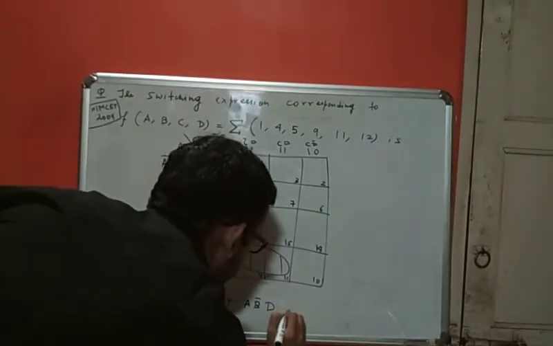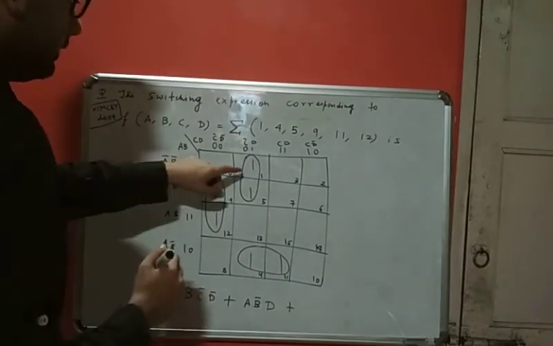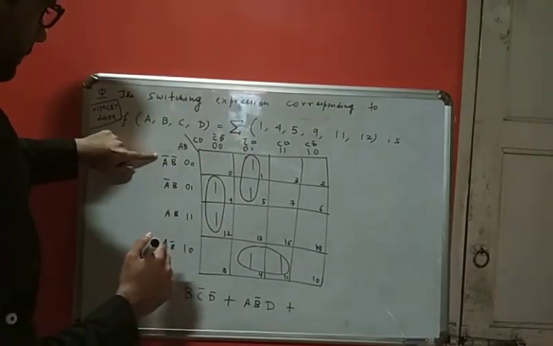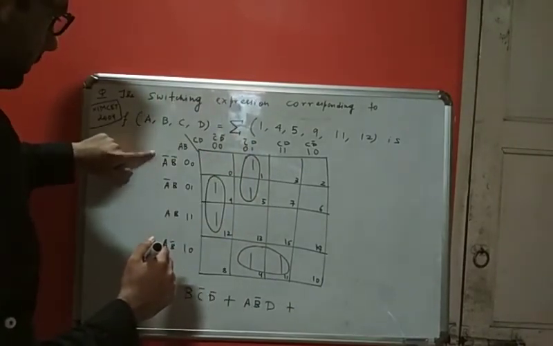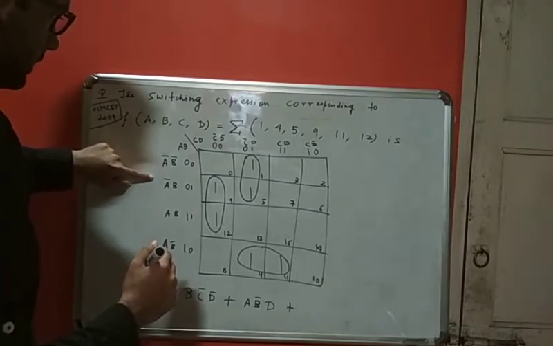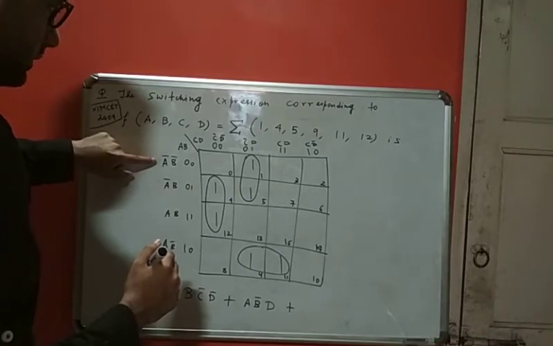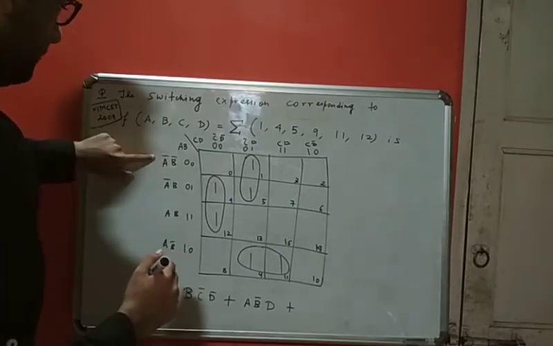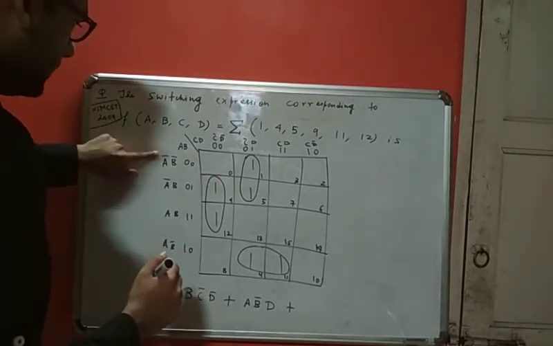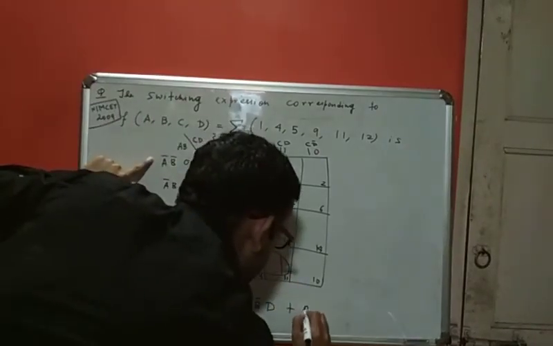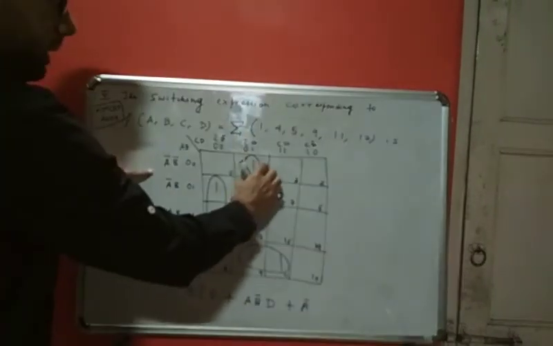So I write D. And finally, for this pair, these two rows are making up the pair. Here, A prime remains constant. B is changing. So A prime remains. I'm talking about this pair.